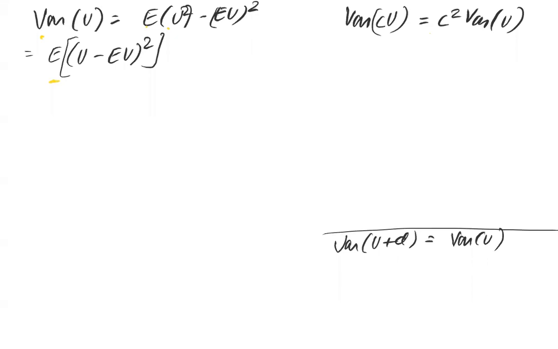I'll write this down, where the variance of U is the expected value of U minus EU the whole square. I just open this value as U square minus 2 EU times U plus EU the whole square.